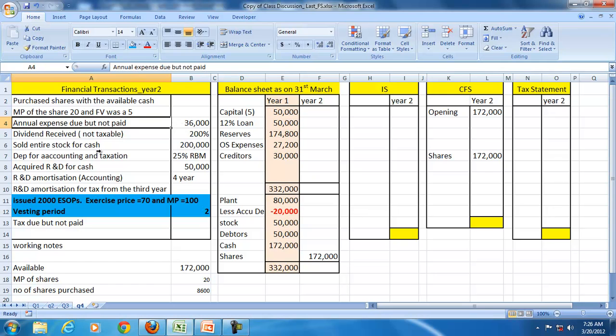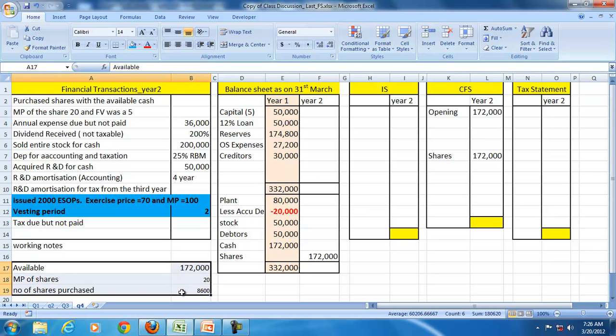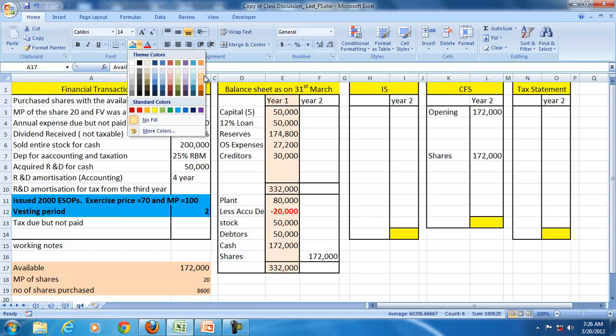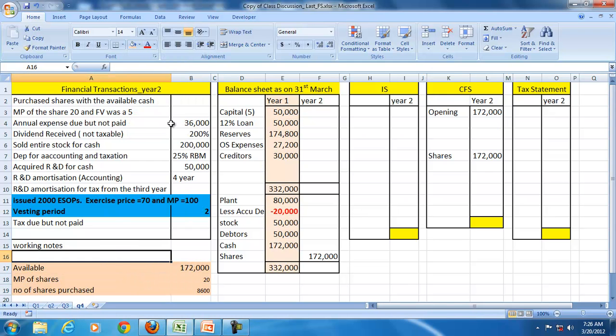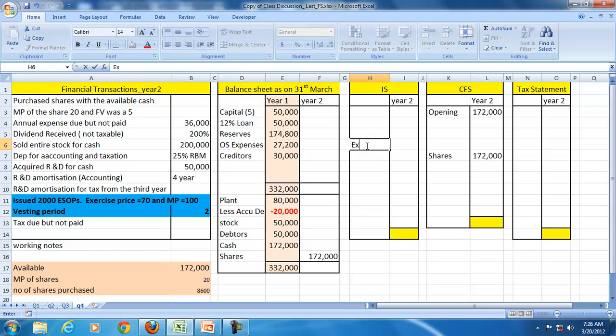The annual expenses paid, let me highlight this. Annual expenses paid is 36,000. So expenses, till now we have no income, expense is 36,000, and the payment is 36,000.